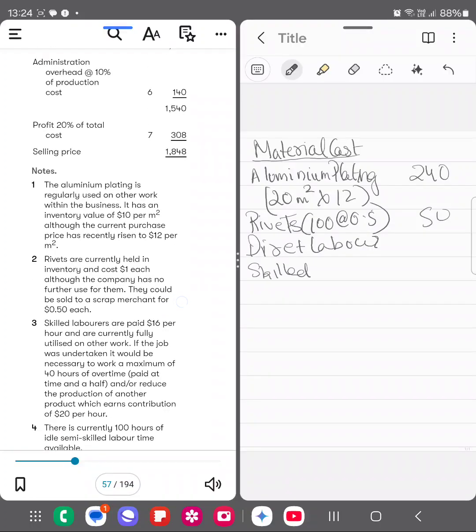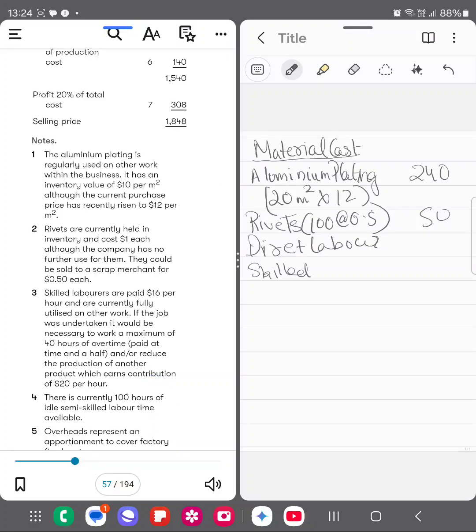And there is a note 3 given: skilled laborers are paid $16 per hour and are currently fully utilized on other work. If the job was undertaken, it would be necessary to work a maximum of 40 hours of overtime.